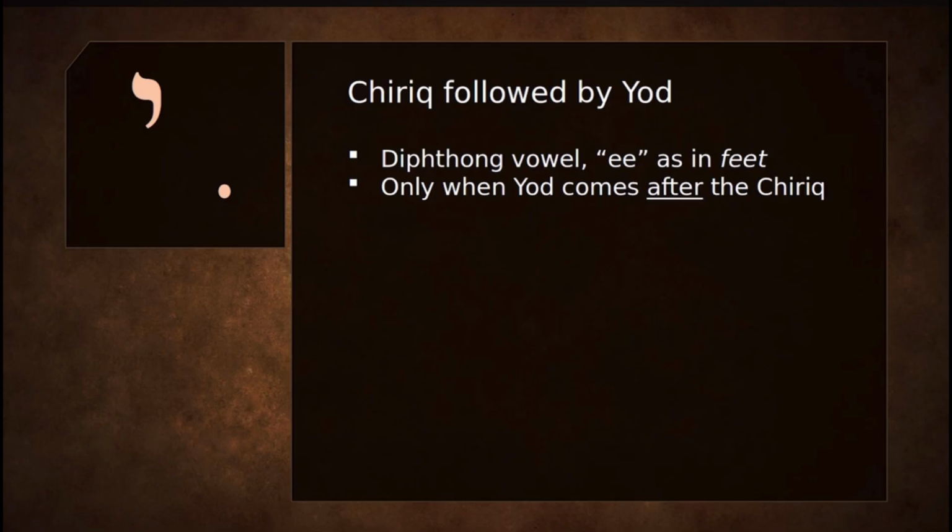But when these 2 sounds are combined together, they make the sound E, as in feet. What is happening here is that the I of the chirik is combining with the y of the yod, and when you sort of smash these 2 sounds together, it comes out as E.